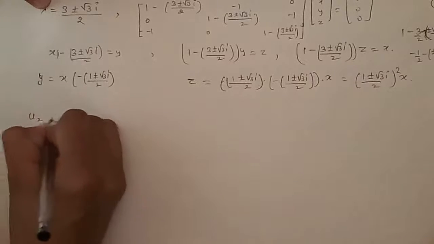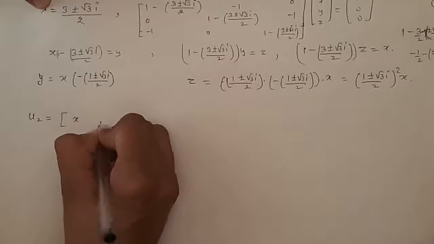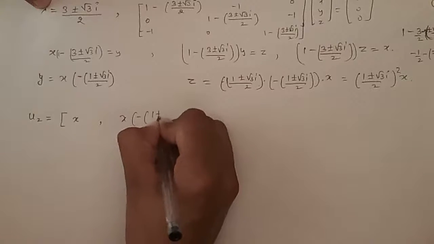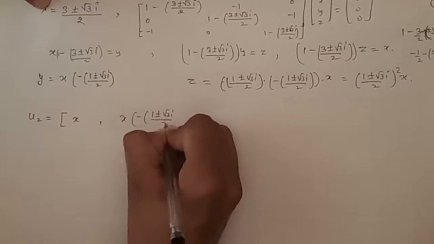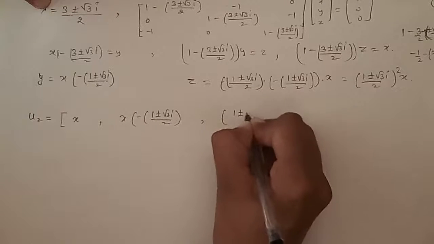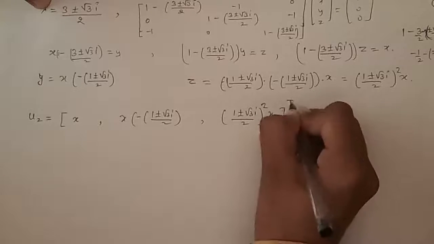So we have u2 as x remains x, y we have x minus 1 plus and minus root 3i divided by 2, and z we have 1 plus and minus root 3i divided by 2 square x transpose.